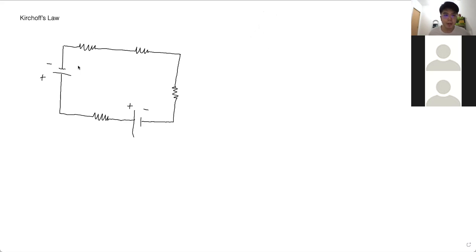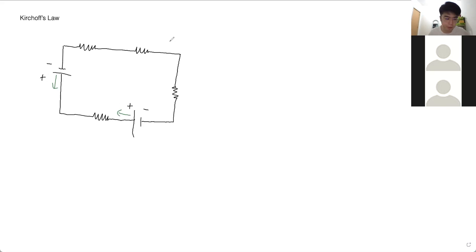Even though it looks simple, right? But 如果你看它的 current flow，current 从 positive 出来，这个 current 也从 positive 出来，这样它们就是相反哦。它们的 current 是 flow 左还是右呢？这样子我们不知道嘛，对不对？So this is an example of a complex circuit.